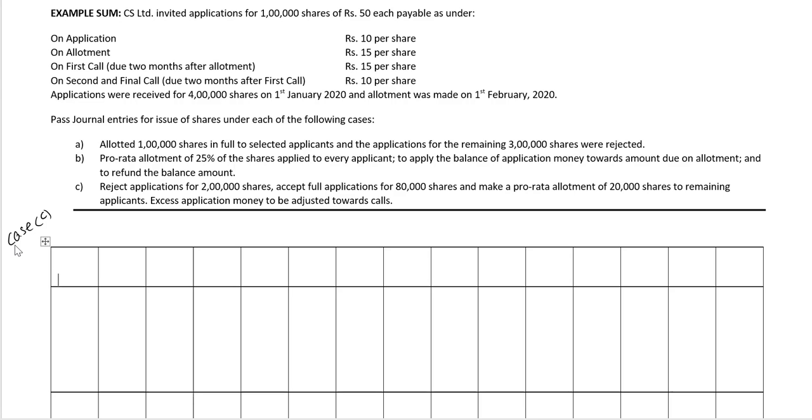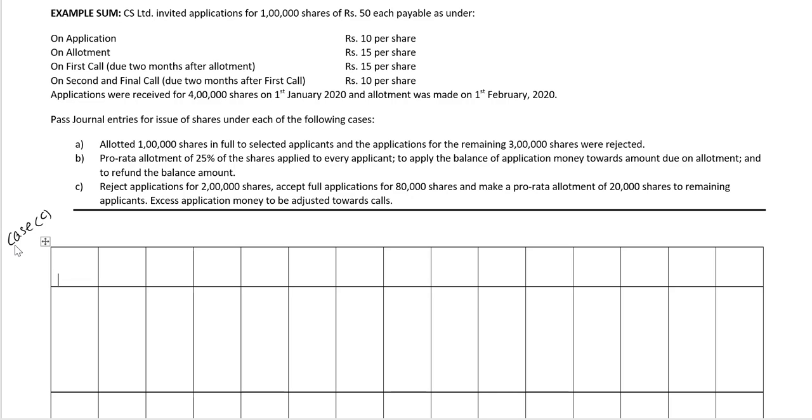For every call that the excess application money is transferred to, we need to add 3 columns. There are 2 calls here, so we need an additional 3 into 2, 6 columns apart from the usual 9 columns. So we need 9 plus 6 is equal to 15 columns, which is what I have here.